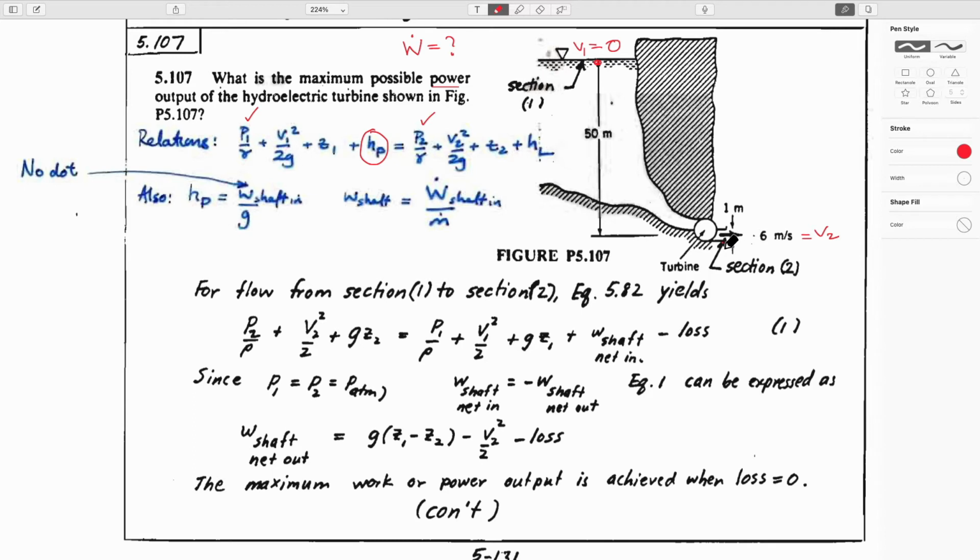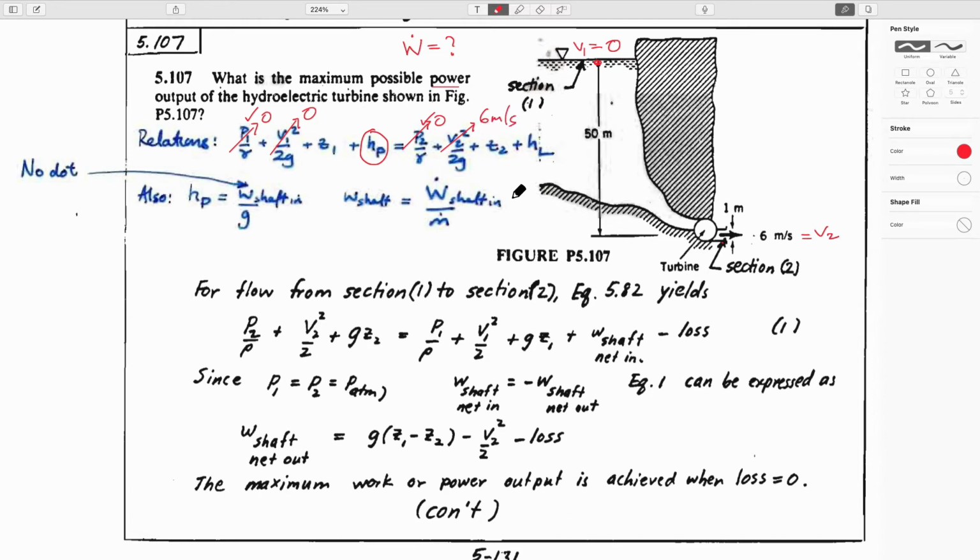This is a jet that's coming out. The pressure acting on the side of the jet has to be 0, and since pressures at a point are always the same in all directions, this has to be pressure equal to 0. The velocity here is 0, this is 0, this is 0, this is equal to 6 meters a second.